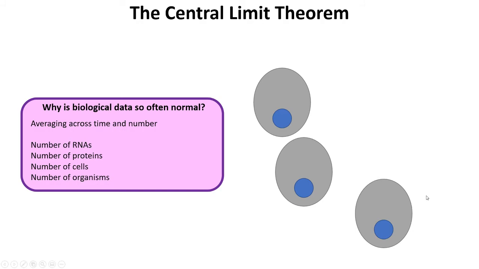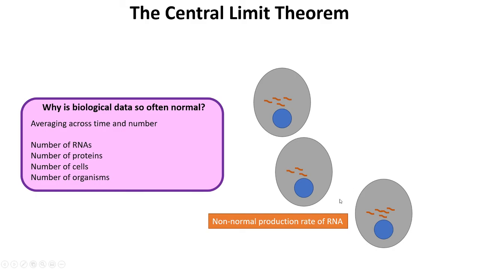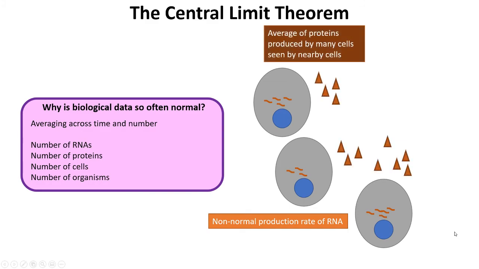So to illustrate this, say we have 3 cells, and these 3 cells have non-normal production rates of RNA. Sometimes they're producing a lot, sometimes they're producing a little. It's bimodal, it's off and on, and so some of them will have a lot of RNA and some of them will have less. Those cells will go on to produce different amounts of protein, but if they were all signaling to the same cell, this cell would essentially see an average of all of the different cells' proteins that they were producing.